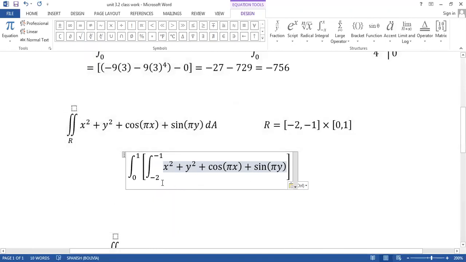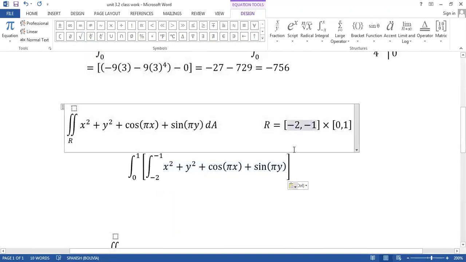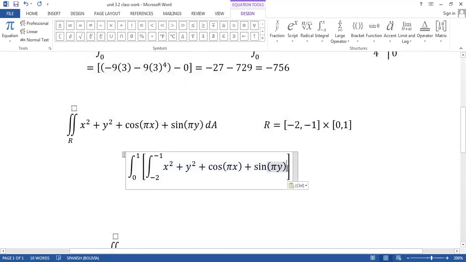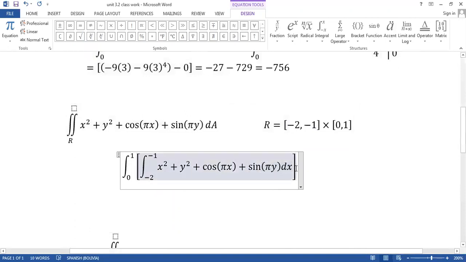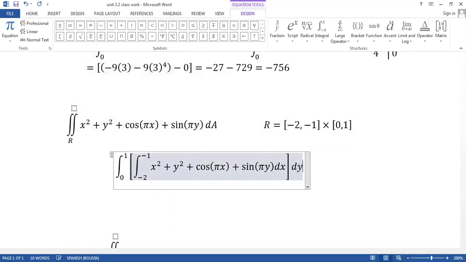All right. So these are my x values, so this is going to be dx. And then I'm going to have dy on the outside. And this is what we are integrating first. Now, it's going to be a little tricky.